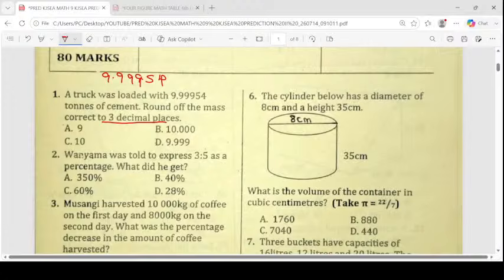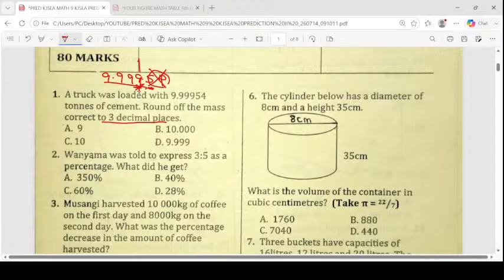That means after the decimal point, you should have 3 digits. The first digit after the decimal point is 9, the second digit is 9, the third digit is 9. So this is the third digit. Look at the digit to the right. The digit to the right is 5, so it will increase the value of this one by 1. Once it does, the digits after it vanish.